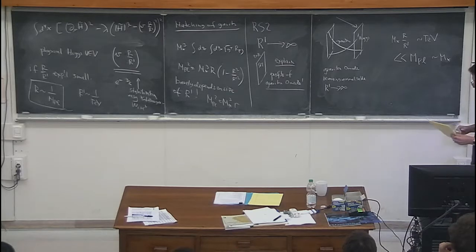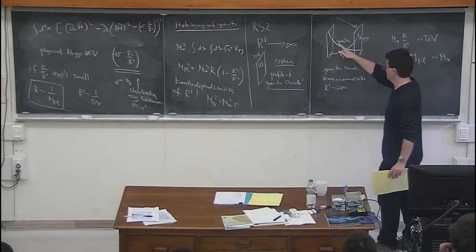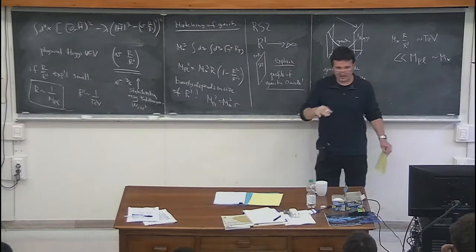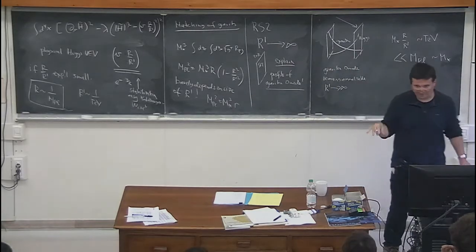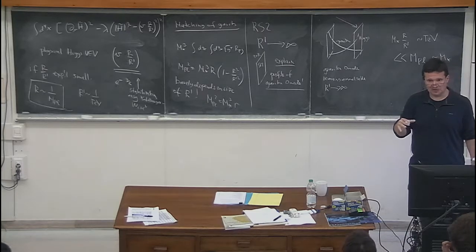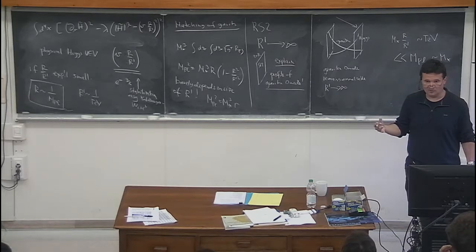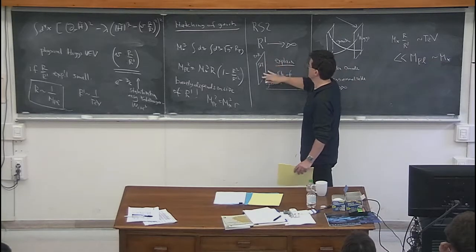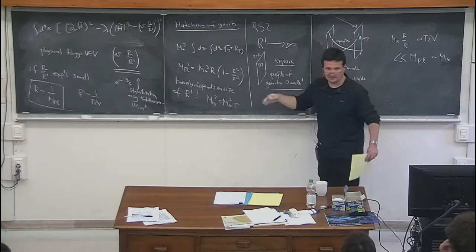Of course, the graviton KK modes, for example in this RS2 theory, will give you corrections from an ordinary 4-dimensional gravitational theory. But it turns out those corrections are under control and they are small. If your standard model lives here, the zero mode will be the main effect.